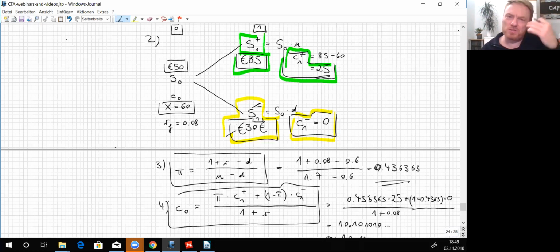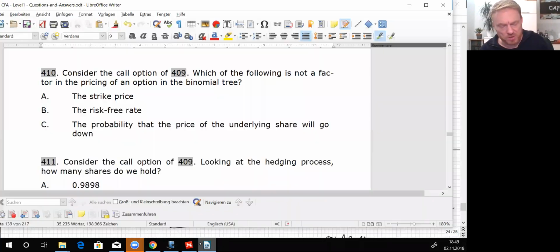Implicitly looking at the strike price of 60, the strike price is a factor, maybe even a very important factor. So this was not the right answer, because we were looking for a false answer, not a factor.